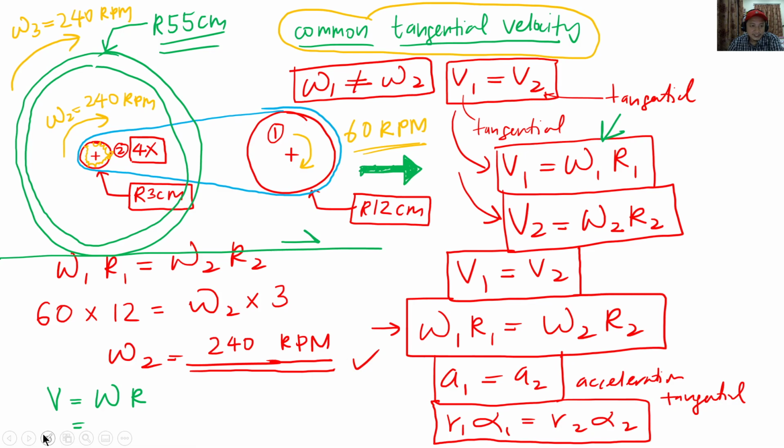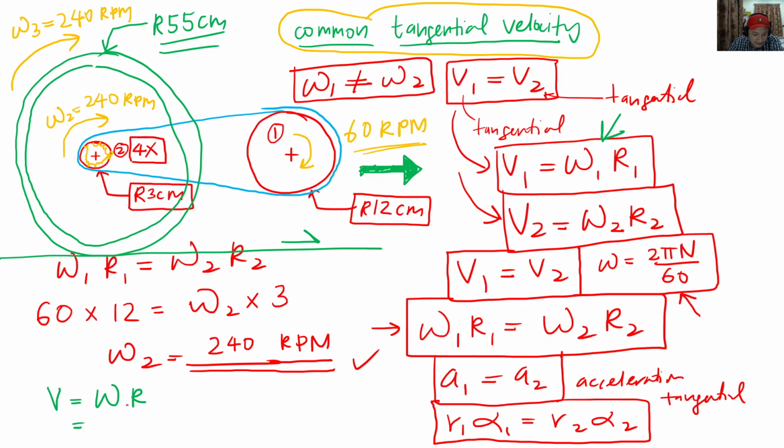So you have to change first. RPM changes to radian per second. You still remember what is the formula? The formula would be omega equals 2 pi n over 60. This formula, never forget in your life. Omega is 2 pi n over 60, right?